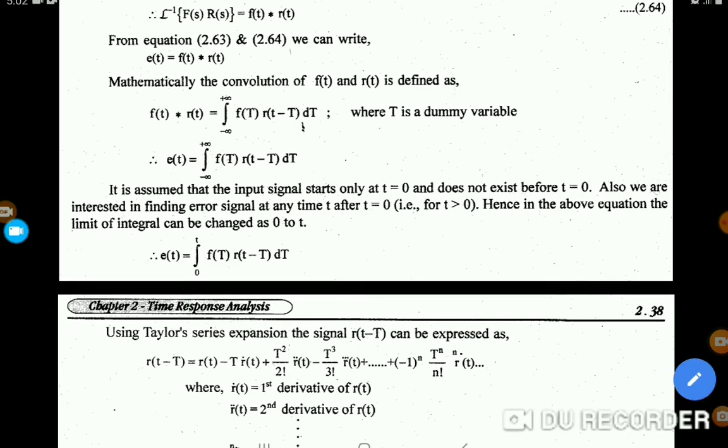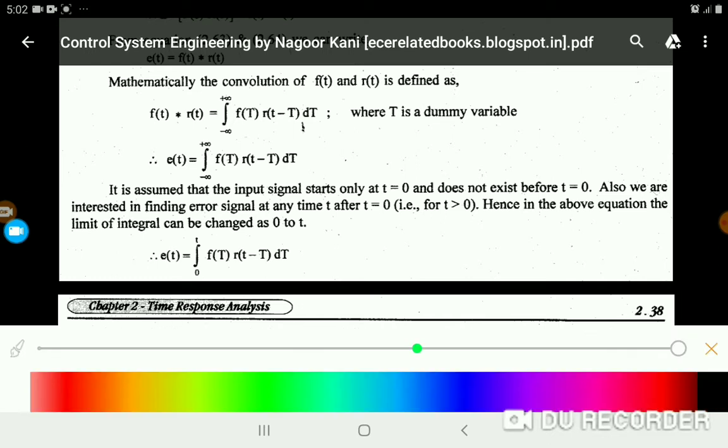According to the mathematical convolution, f of t star R of t equals the integral, see carefully, from minus infinity to plus infinity of f of capital T into R of t minus capital T into dt.